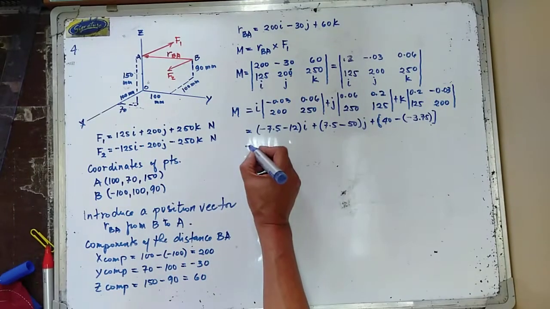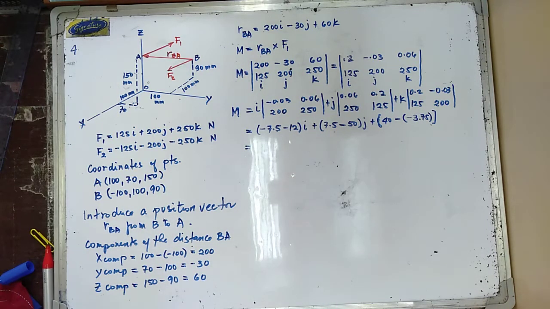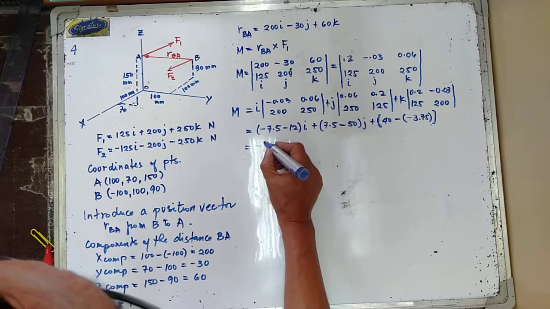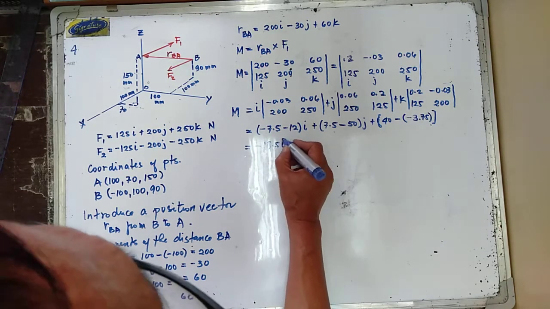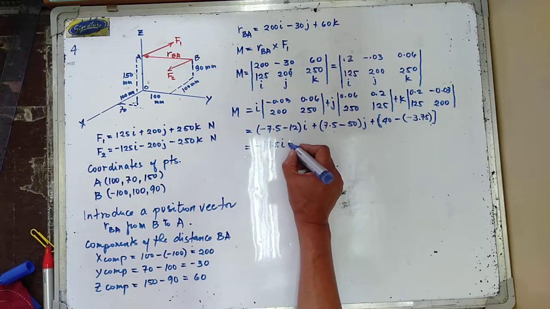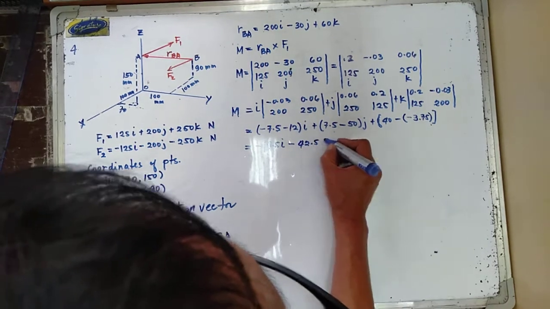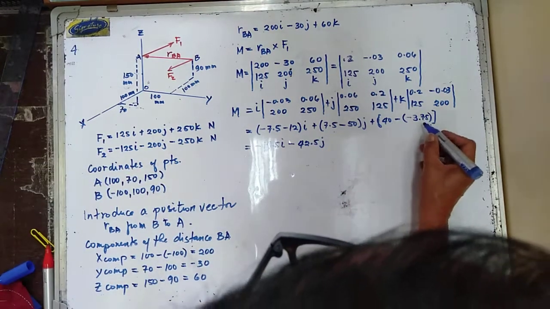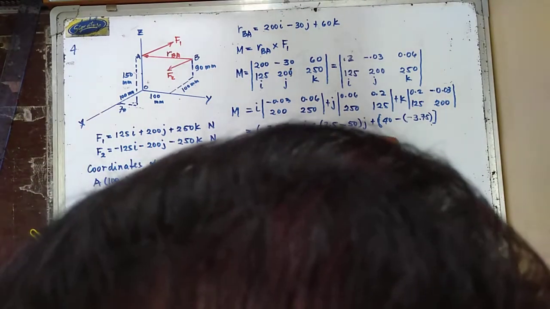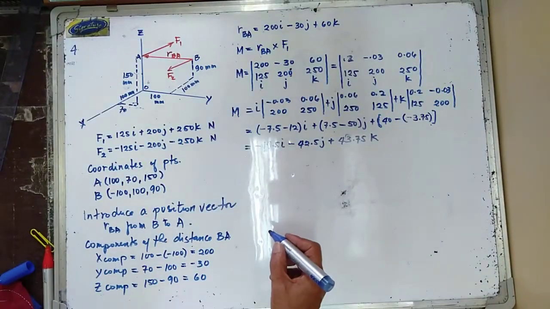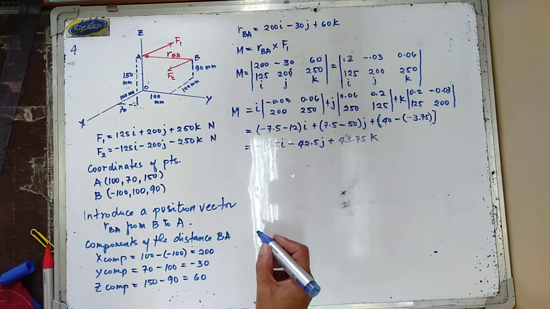Okay, so your moment is now equal to minus 19.5 i, minus 42.5 j, minus and minus is plus 43.75 k. So that is therefore the moment produced.